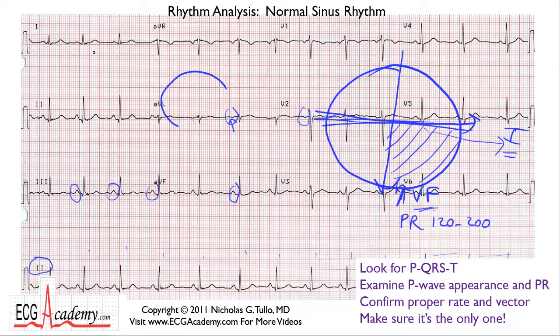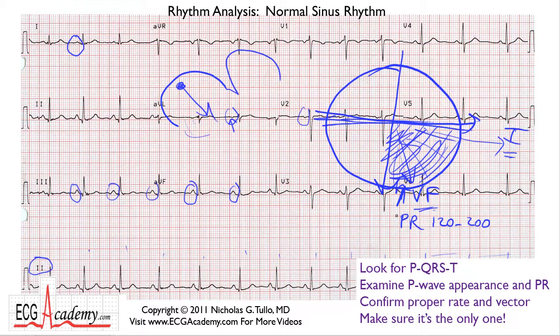And lo and behold, if you look at lead 1, it's upright, and if you look at AVF, it's upright. So that confirms that this P wave is traveling down and to the left and is in this little quadrant here. Okay, that's just sort of like another way of establishing that the P wave is going in the normal direction. So therefore, it must be starting in the high right atrium and traveling down and to the left.